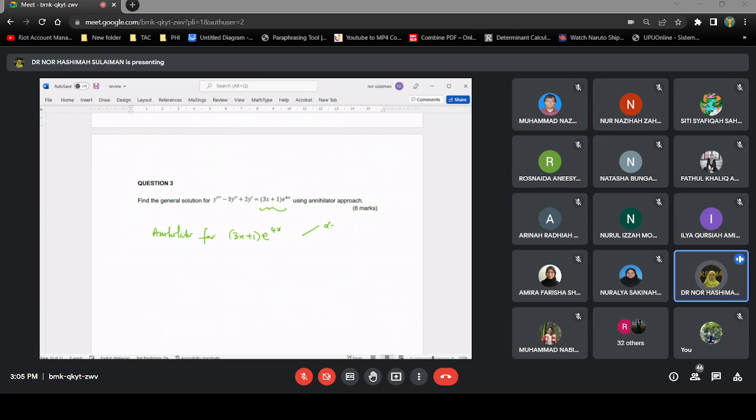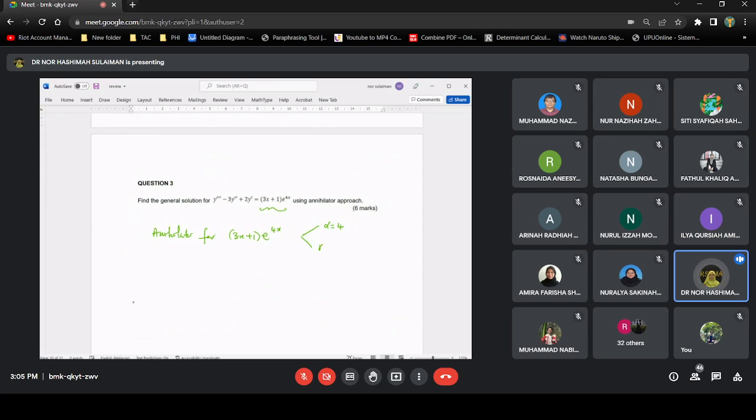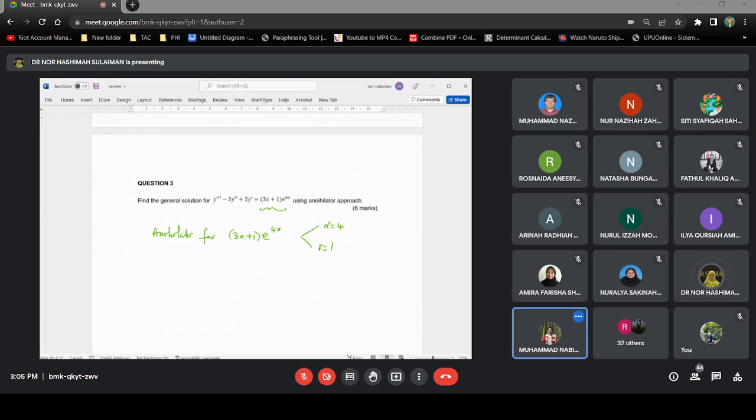Ni alpha dia sama dengan berapa? 4 kan? Okay, R dia sama dengan berapa? So, siapa nak try? R itu 4. R dia sama dengan 1. Okay, R tu maksud dia apa?